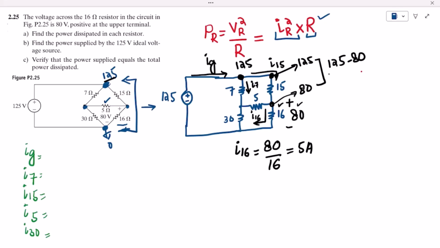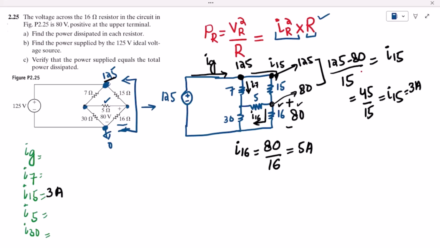As the potential difference is known, we can divide it over this 15 as well, and then dividing it we will get the value of I15. So it will be 45 divided by 15, that is I15, and the value of it is 3 amps.